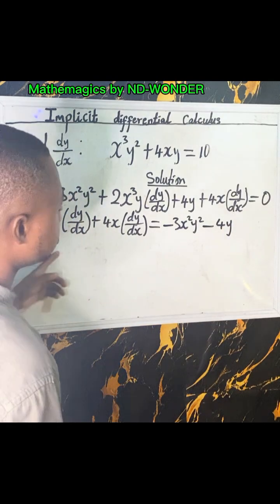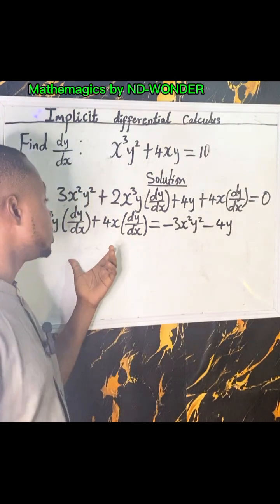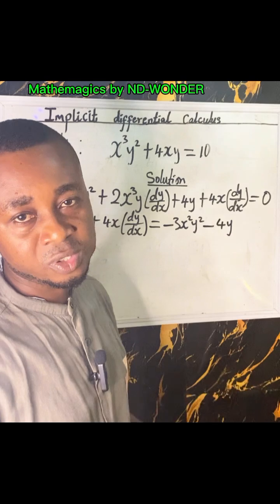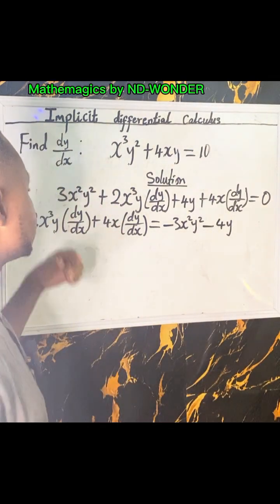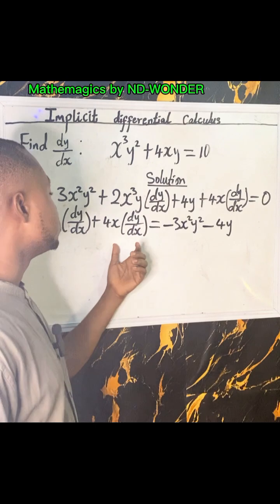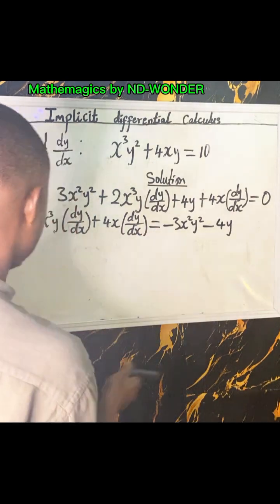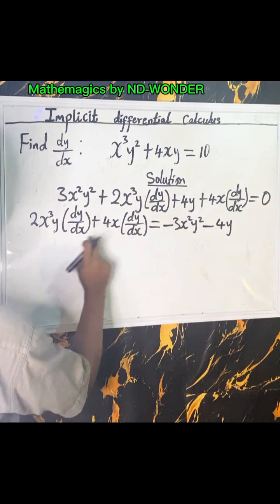If that is done, then we need to factorize. The essence of this is to make dy dx the subject of this equation. That is, we are looking for dy dx. Is it not what the question is? Yeah, so to do that, we need to make dy dx the subject, right? Now, what do we have? We factorize. Dy dx is common here.